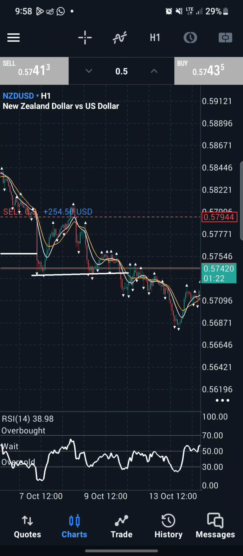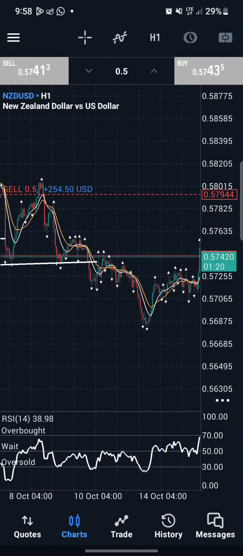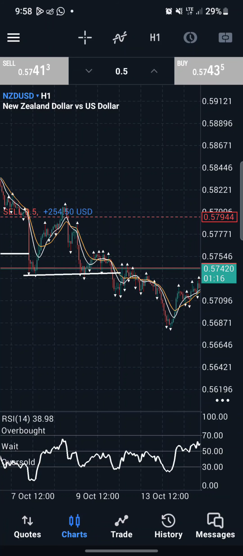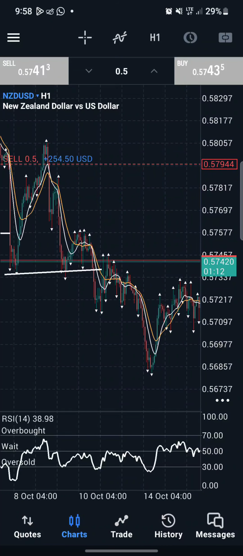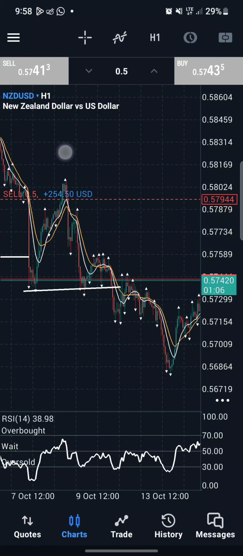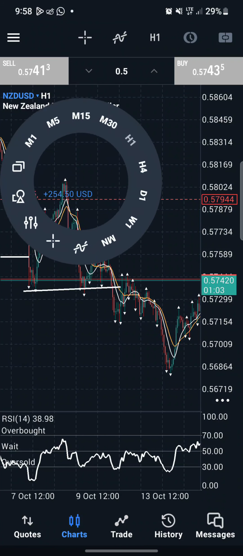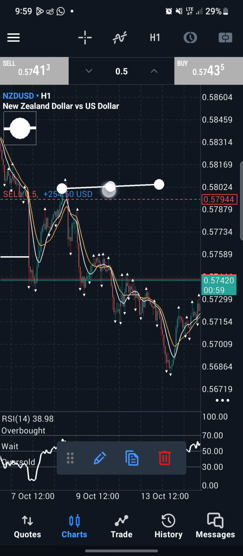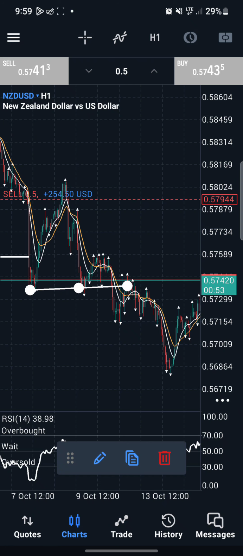Now at this particular place, this is the cause. This is the origin. Here is the origin that caused this break of structure here.